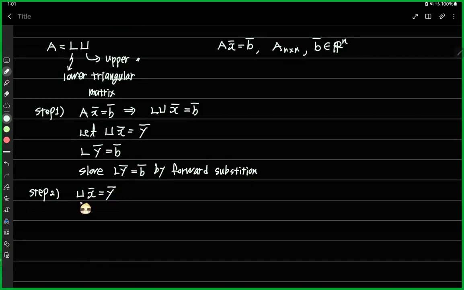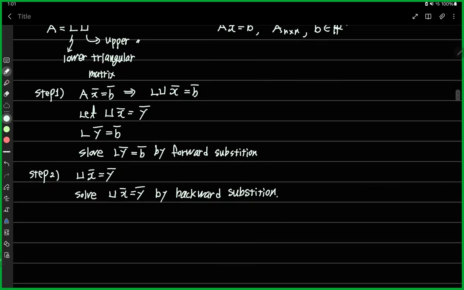And U is an upper triangular matrix. So we solve the system U X bar is equal to Y bar by backward substitution. Okay. So that's the strategy.